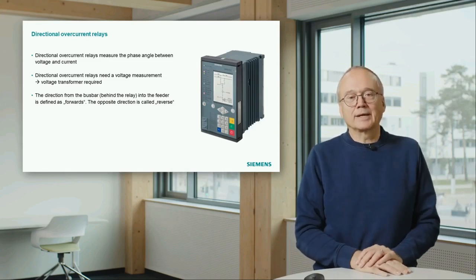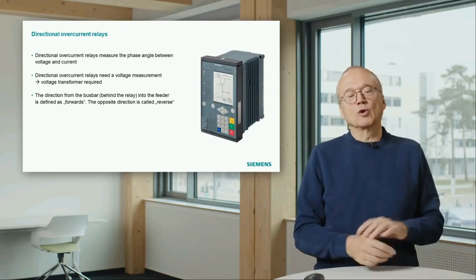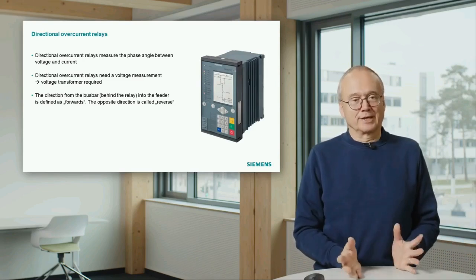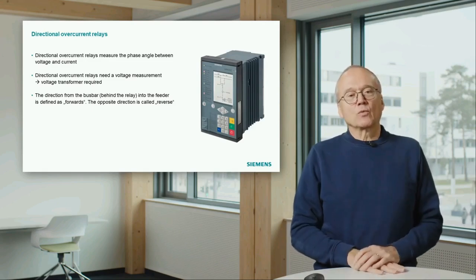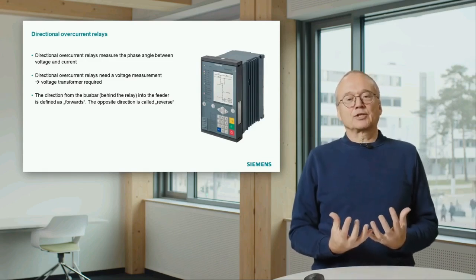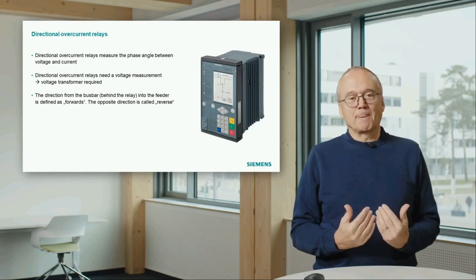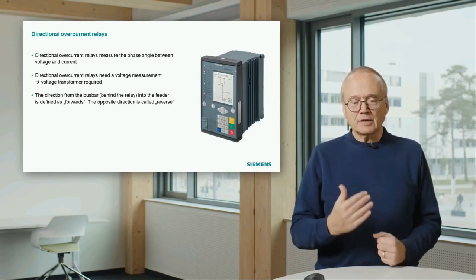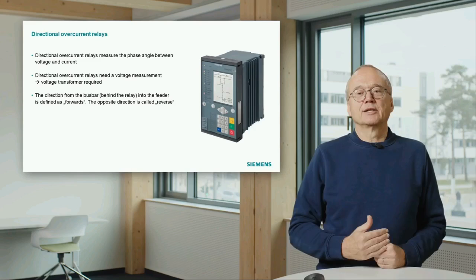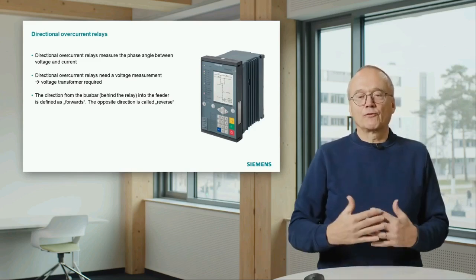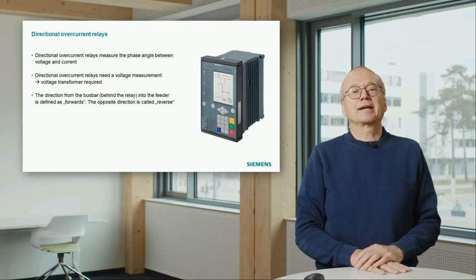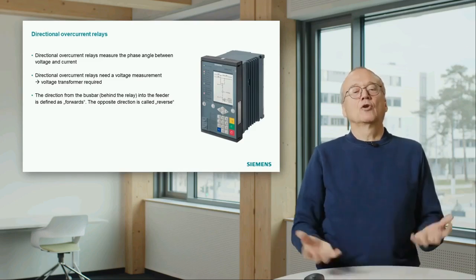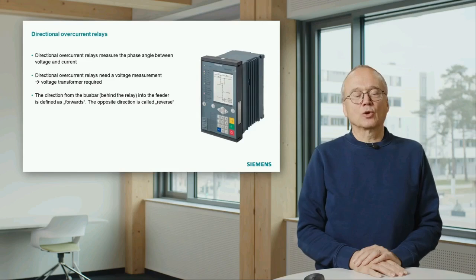That is required, whereas if you have a normal overcurrent application, it's not necessary. Then I should mention the definition of direction is normally as follows. If we see a short circuit current flow from the protection relay into the line, we define that as forward. Opposite direction is called reverse.